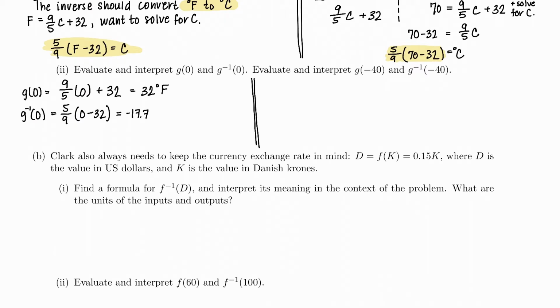And this is in degrees Celsius. So this first part, G of 0, says that 0 degrees Celsius is 32 degrees Fahrenheit. The second part, G inverse of 0, says that 0 degrees Fahrenheit is negative 17.7 degrees Celsius.